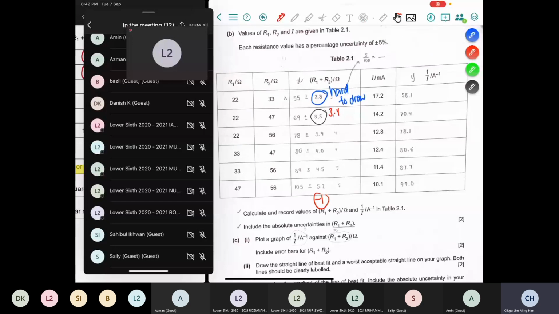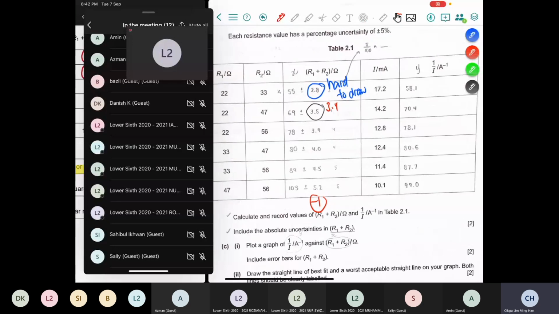Rosiana, you should follow the table, but when you plot the error bar, you have to fix the range, because you cannot plot 3.9 or 2.8 on the graph. Hope that helps you to clarify your doubt.